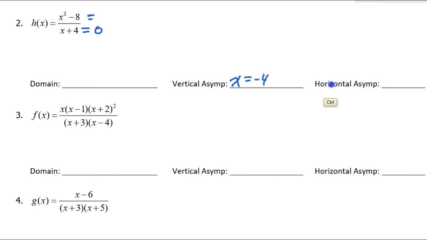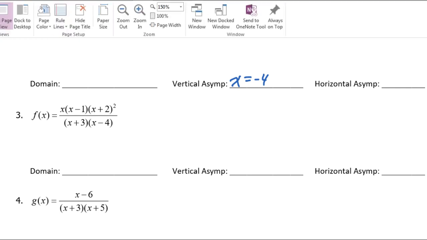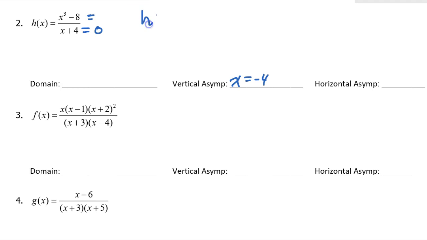Anyway, horizontal asymptotes. The horizontal asymptotes will happen based on the end behavior. So function h, as x gets bigger and bigger, the negative 8 and the plus 4 will become insignificant.